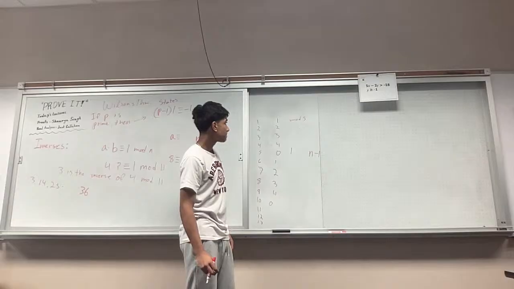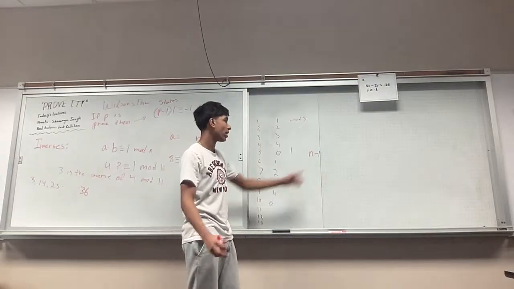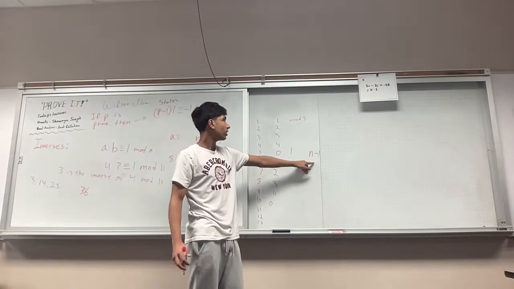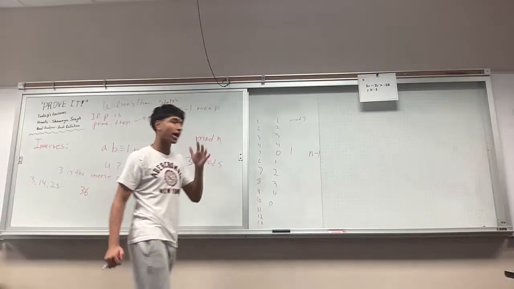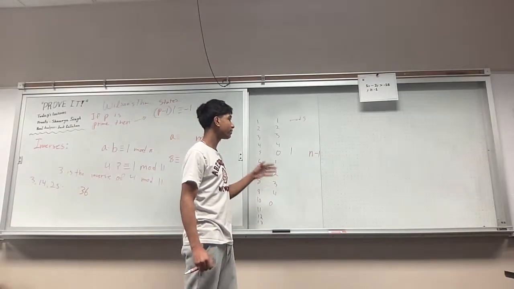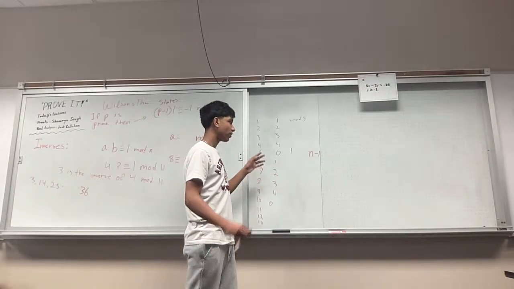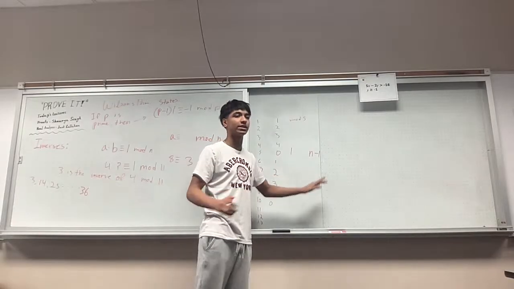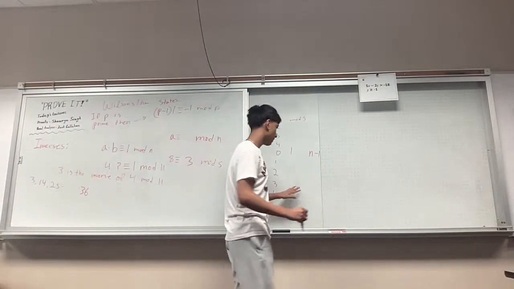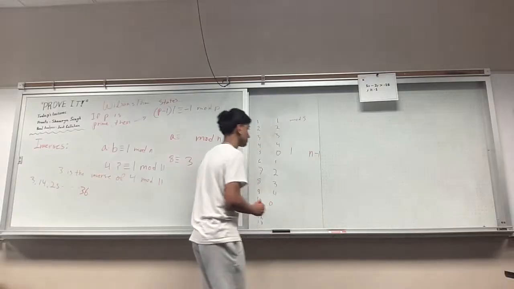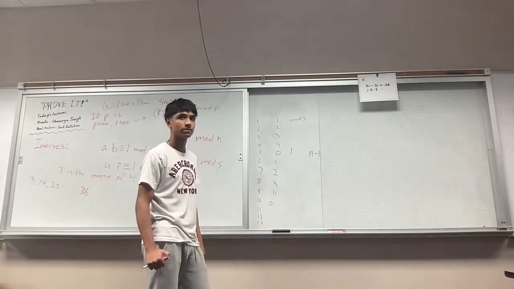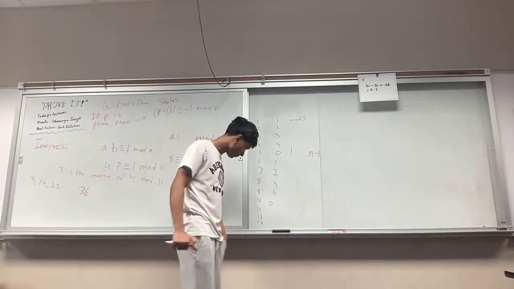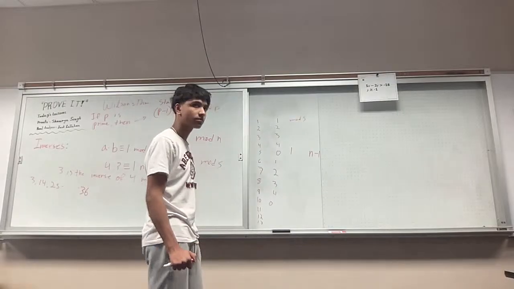If you have a number in mod n, it can be written as a residual from 1 to n minus 1. It can never exceed that. Is residual just the same thing as remainder? Yes.